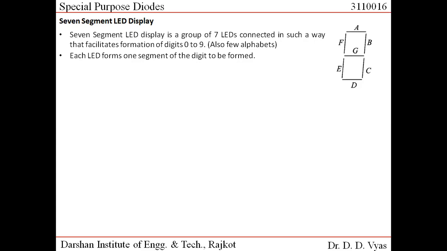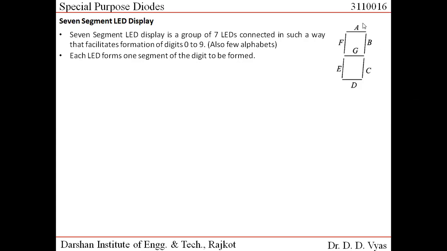It is also possible to make a few alphabets but not all. 7-segment displays are primarily used for numeric display, that is, displaying numbers which consist of digits from 0 to 9.